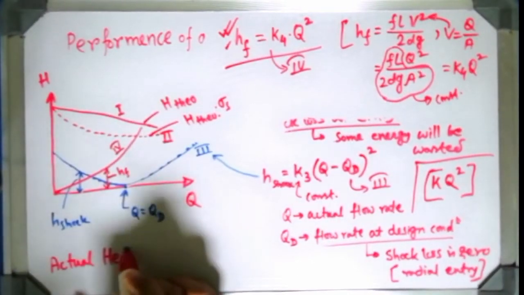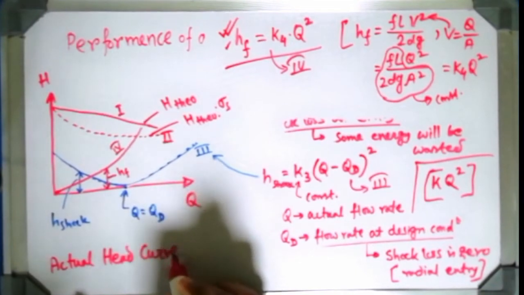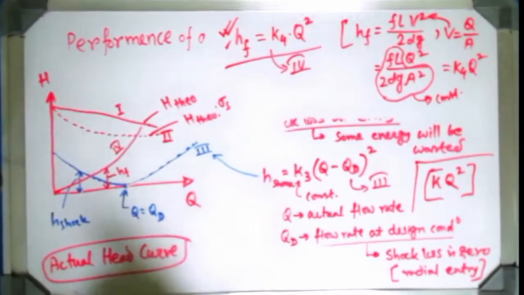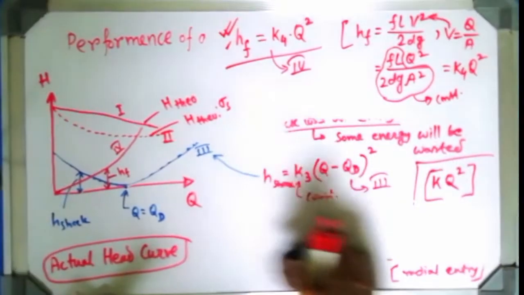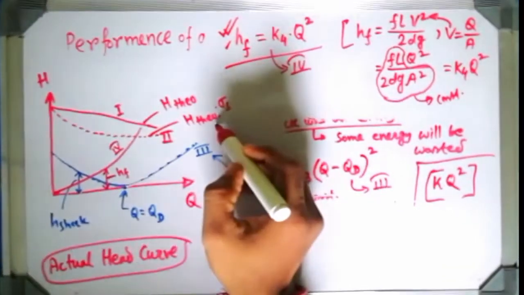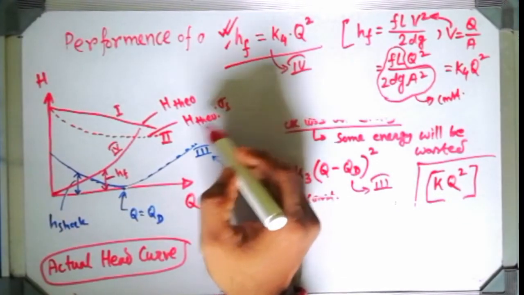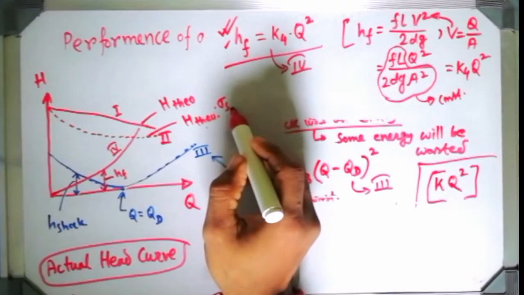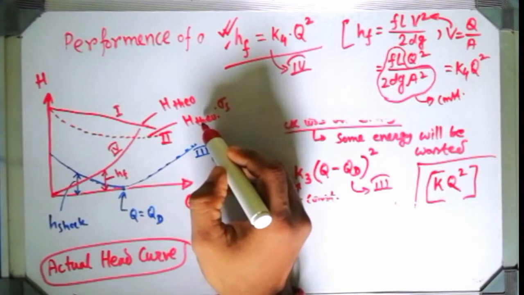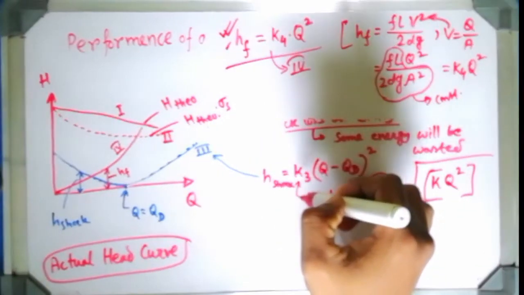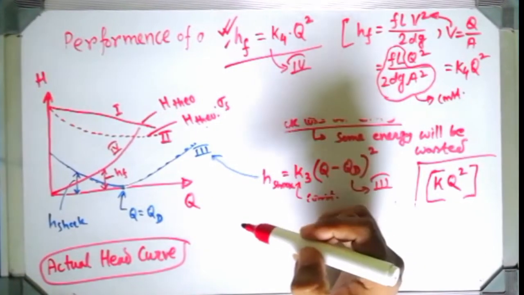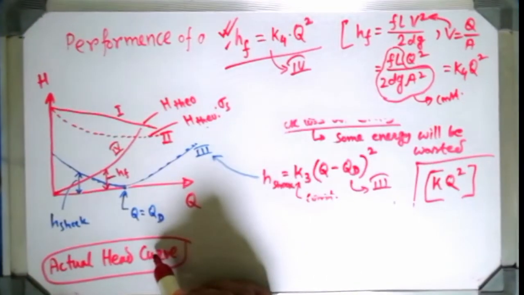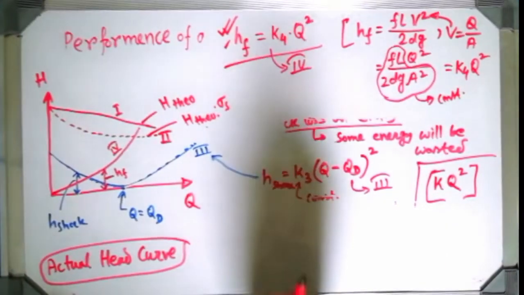Head. Curve. What do I have to do if I want to get the actual head curve? The H theoretical dot sigma, that is curve 2, has already considered the slip factor, but it hasn't considered these 2 losses, isn't it? So if I want to get the actual head curve, I have to do a simple deduction.